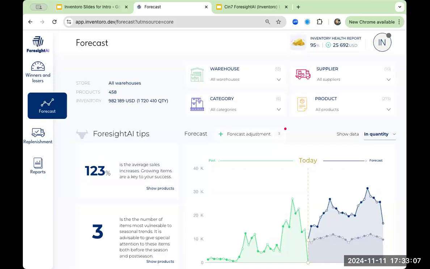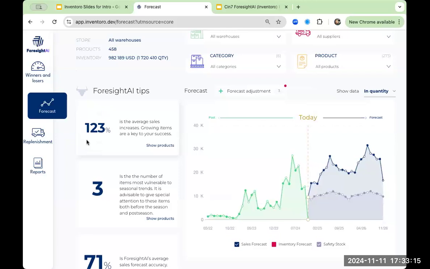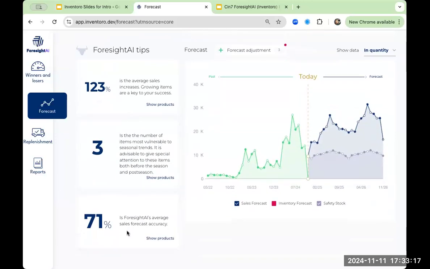Awesome. Next question: has there been any feedback on the forecast accuracy improvements when using Foresight AI? Yes. If you log into this page and you scroll down, 71% is Foresight AI's average sales forecast accuracy. This is essentially saying, based on your sales order history, how confident is the computer in predicting the future?